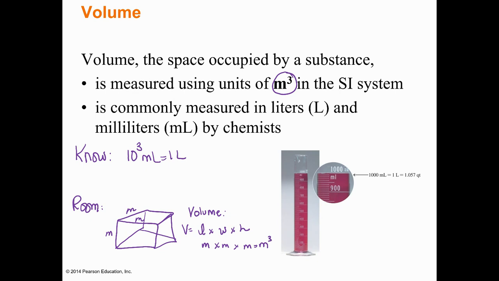Okay, and now a little bit later in the class next week, we're going to talk about how we can interconvert between these two, because this does not seem like it has anything to do with the liter, but it does. And I'll tell you why.